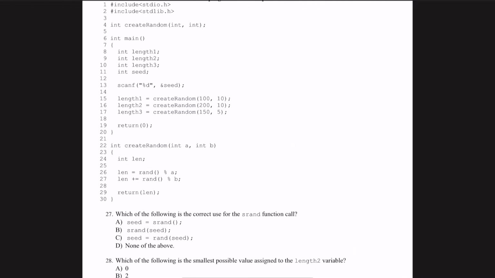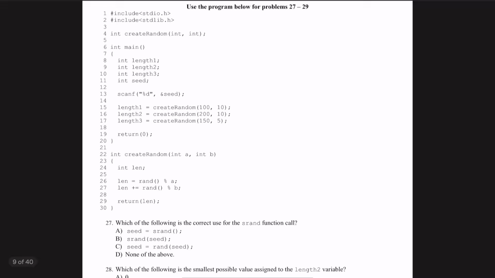Moving on to question 27. Which of the following is the correct use for the srand function call? Well, let's remember what the point of srand is. The srand function is to establish what seed we're going to use for the program. So, if you think about it logically, if we're just telling the program what to use, we don't expect anything to be returned.